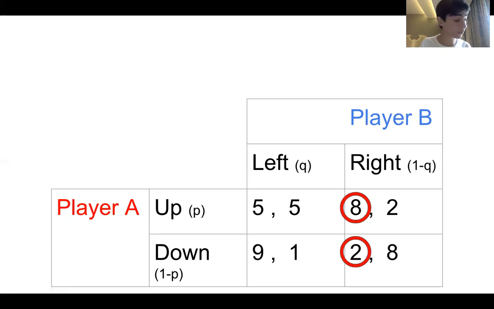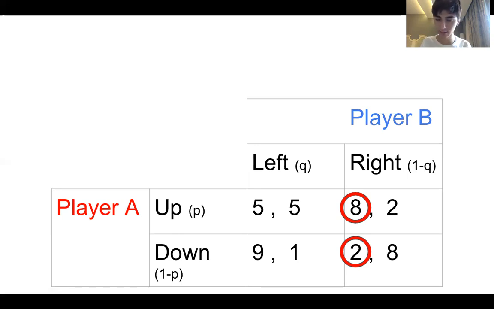However, these are only the rules for player A. We can use the same method for finding out player B, and because both players are logical, they can both do this computation, and from that they will reach a conclusion, and we'll discuss what that conclusion is later. So does that make sense? Basically, q is the probability that player B will choose left, and 1 minus q is the probability that player B will go right.